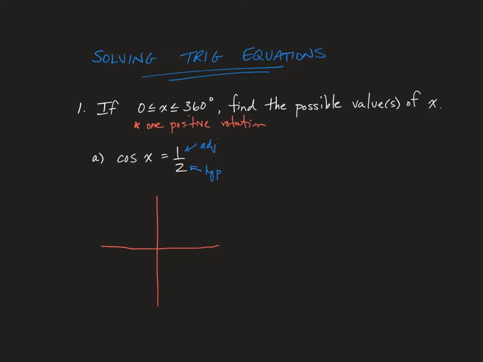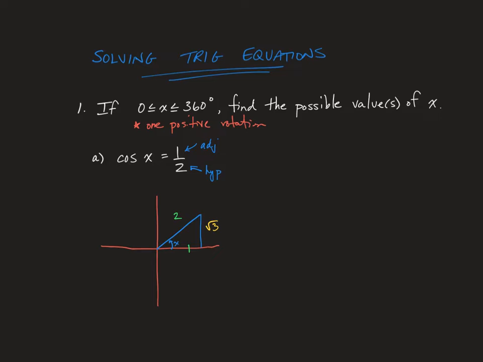Now I can construct my triangle. All I'm going to do is create my triangle, rotating an angle measurement of x, where my adjacent side would be 1 and my hypotenuse is 2. When we take a look at that triangle, we should be able to recognize, though it would never be required to label, that I actually have a special angle.